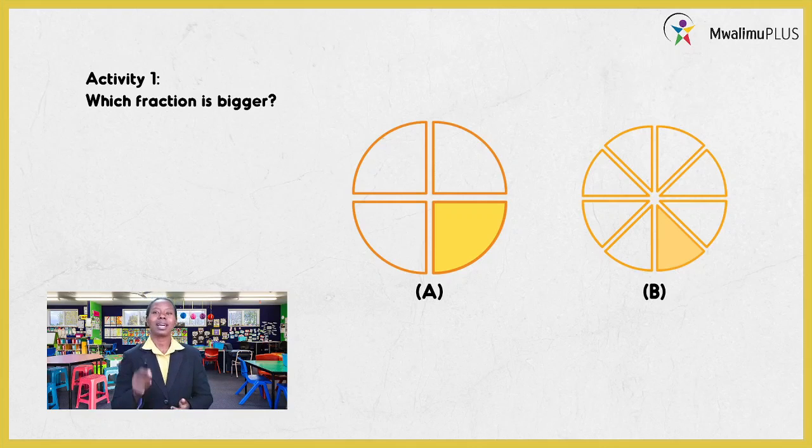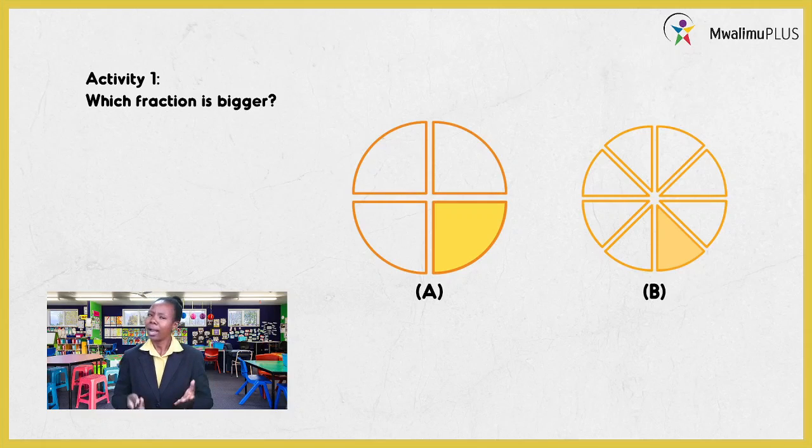Because that shape is cut into how many pieces? 4 pieces. So, 1 out of those 4 is shaded, isn't it? Very good. And let's see the second diagram, B. Oh, yes, that is an eighth. That shape is cut into 8 equal parts. So, 1 of those 8 equal parts is shaded. And so, that is an eighth.